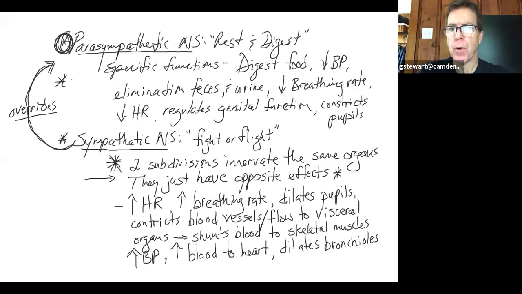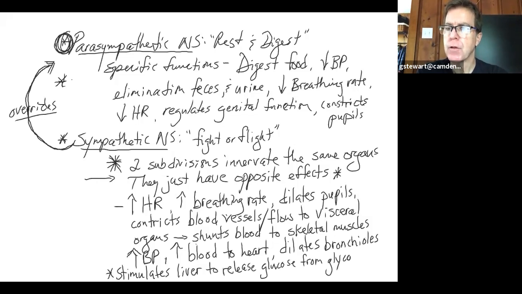Here's an important one. The sympathetic nervous system stimulates the liver to break down glycogen stores. I'm going to put to release glucose into the blood, and that comes from stored glucose, which is called glycogen.